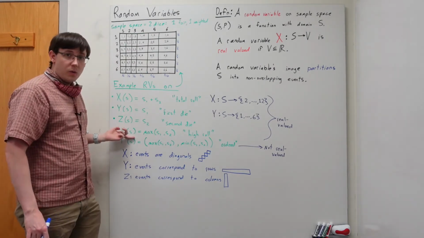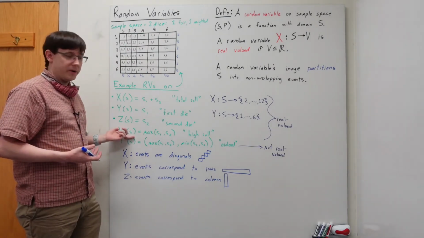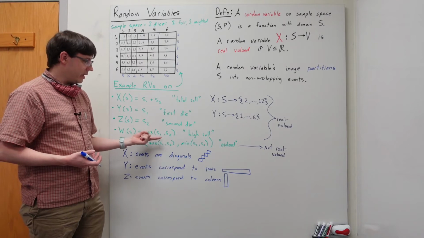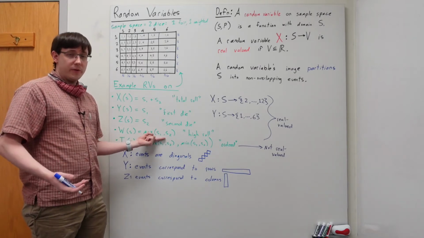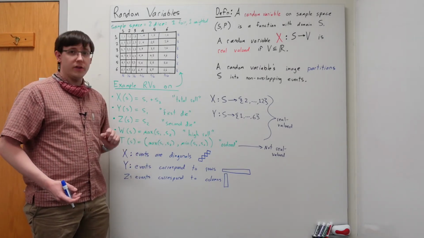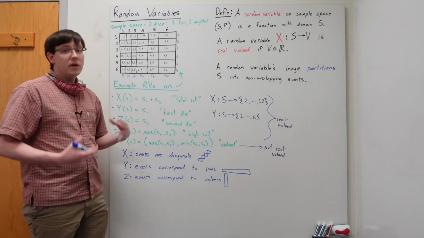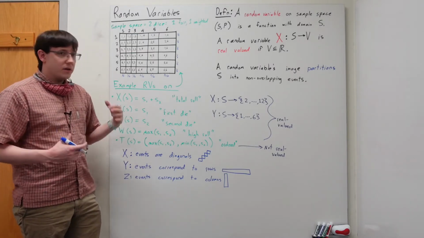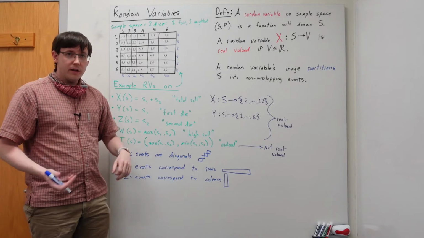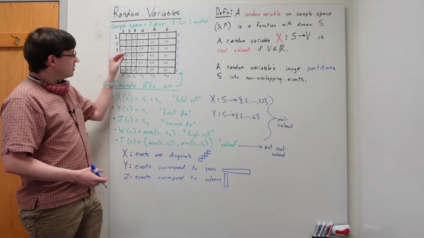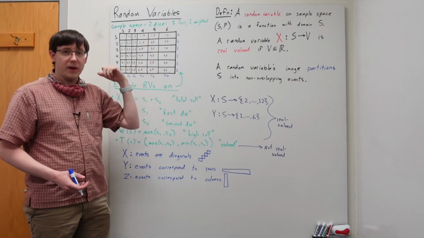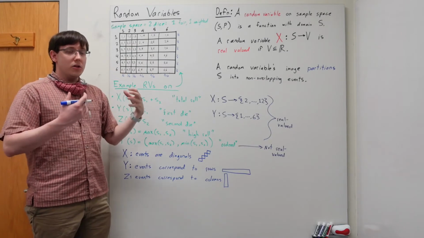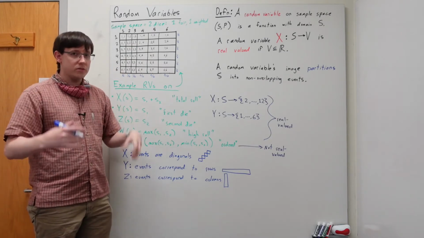For W, our high roll random variable, where the value of the random variable is the larger of the two dice rolls, if we think about the event W equals 3, that is the subset of our sample space where the larger of the two dice rolls was 3.